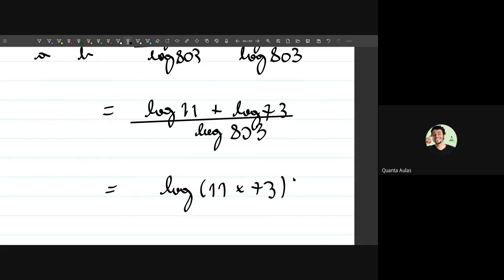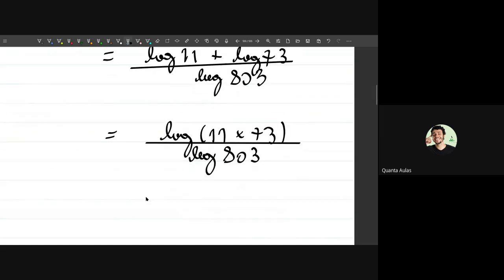You need to memorize this, like the other properties, like a lot of properties of exponentiation, you know. Okay, so now we need to know how much is 11 times 73.